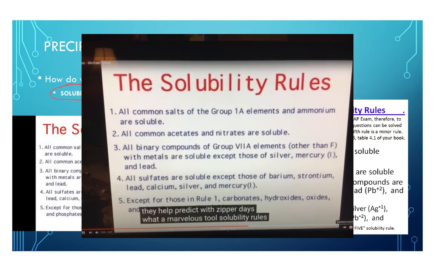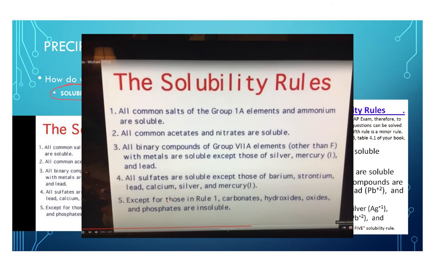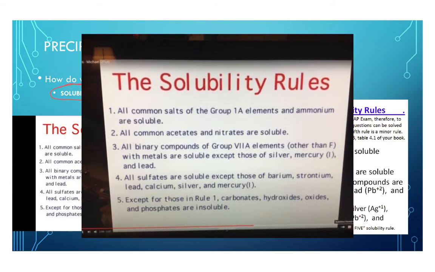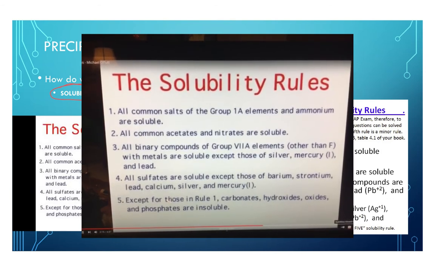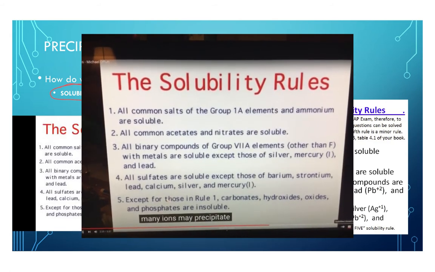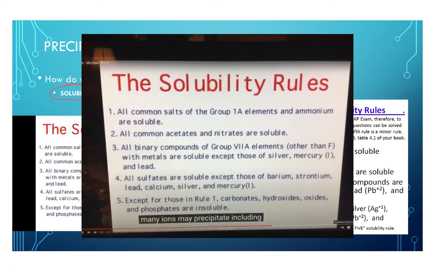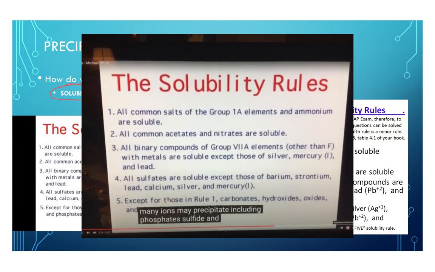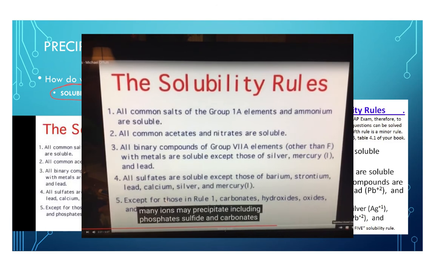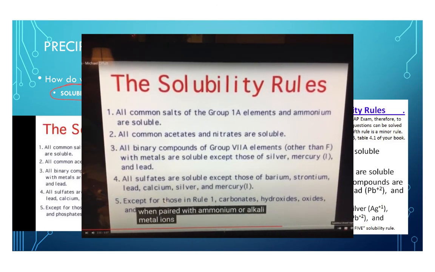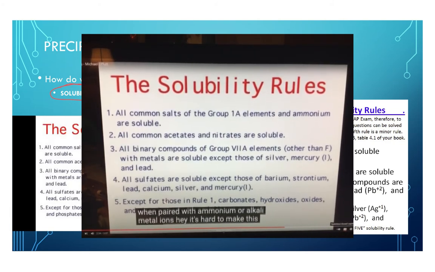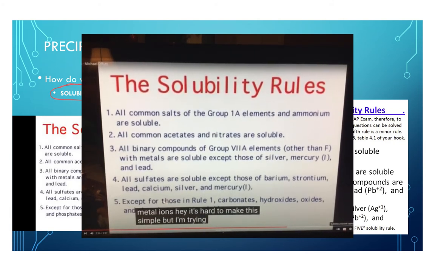Solubility rules. except when paired with ammonium or alkali metal ions. Hey, it's hard to make this simple, but I'm trying.